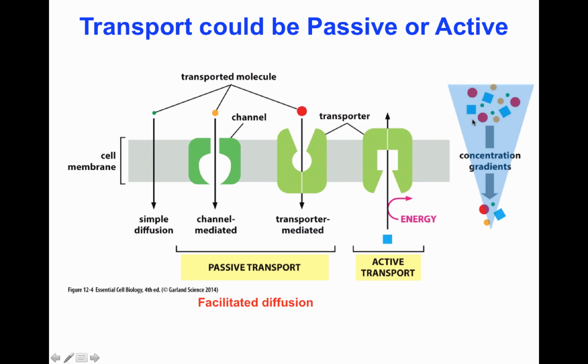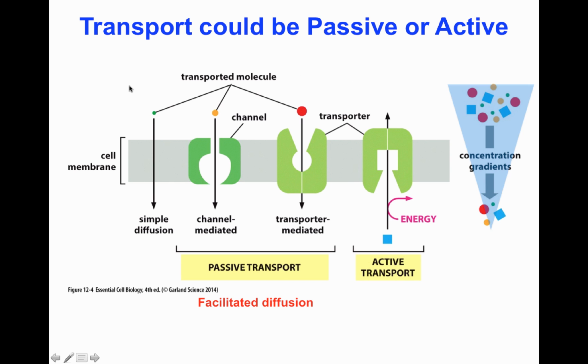The wider area of the triangle indicates that you have a great concentration of those solutes, in this case on the outside of the cell, and then it points to the inside where you have a lower concentration of solutes inside the cell. So I have modified the figures with little triangles of this nature to indicate the direction of the gradient.